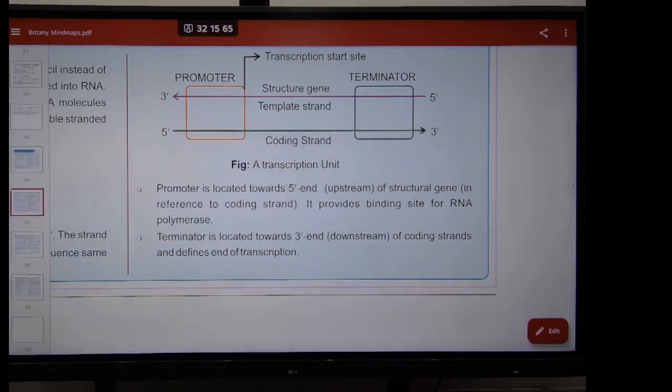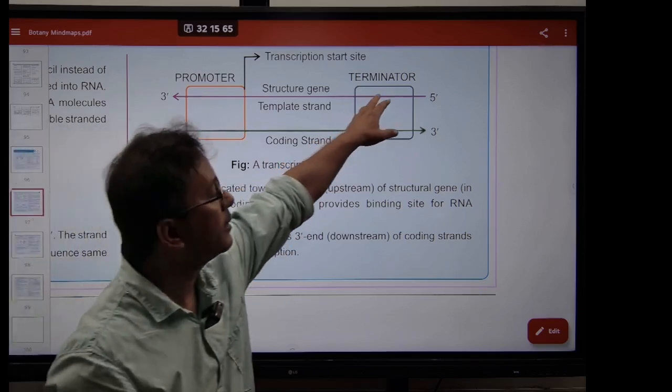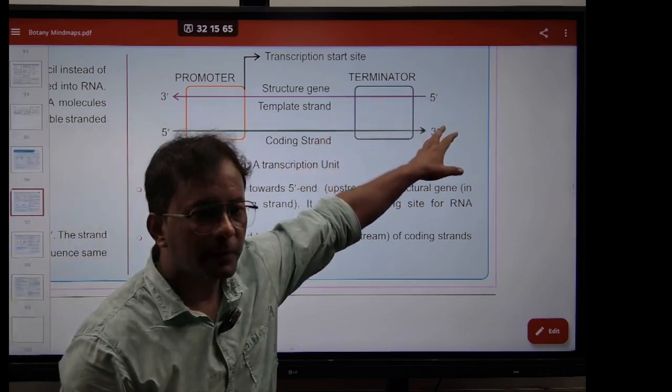When the polymerase comes to certain codons, which are called stop codons, as they do not represent any amino acid, that sequence is called the terminator. Are we clear there?